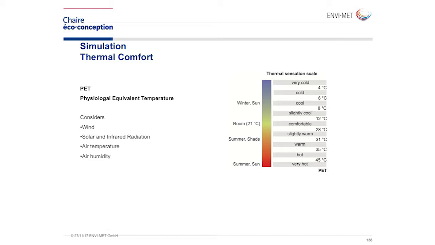The good thing with PET is everyone can understand this. When I say it's a PET of 45 degrees, everyone understands that it's hot. When I say it's a PET of 20 or 21 degrees, like an in-room temperature, everyone understands it is more or less comfortable. The main point when using the PET is also not to discuss whether 28 degrees is really the boundary between comfortable and slightly warm, or is it 29 or 30?